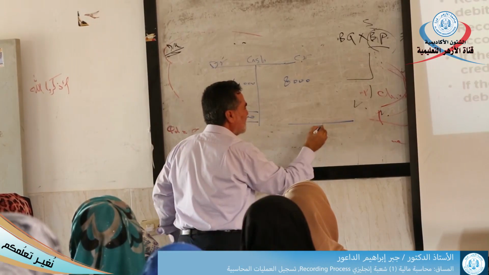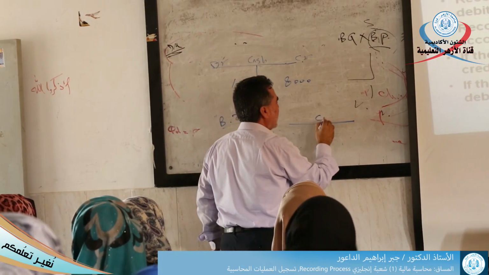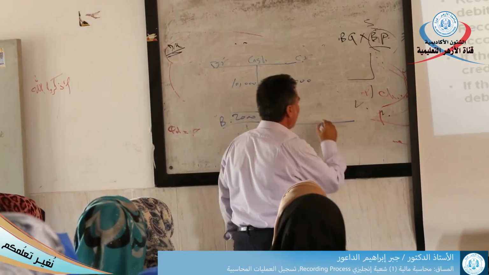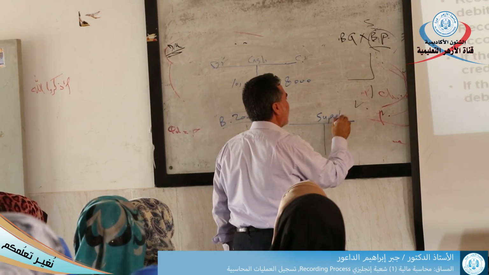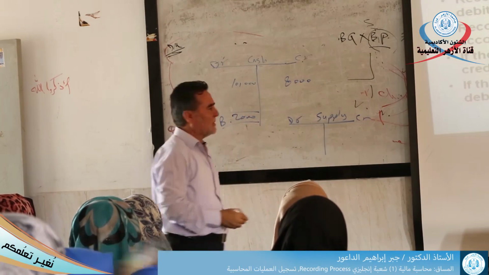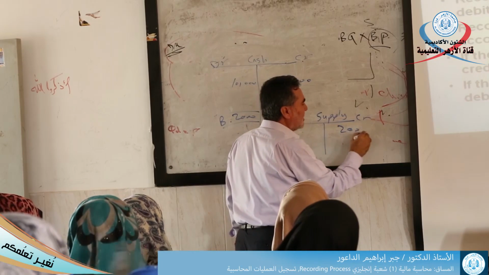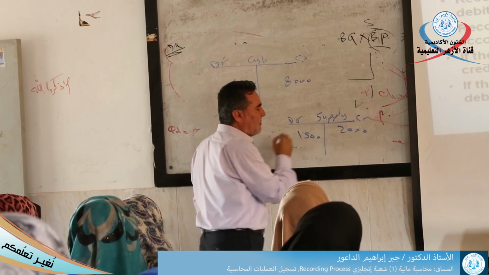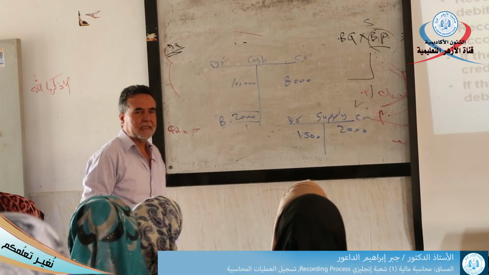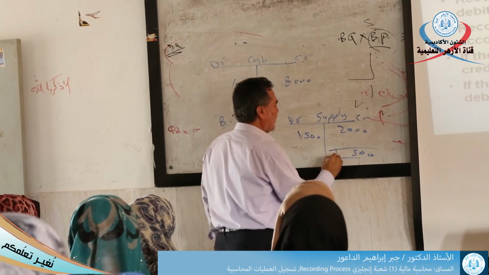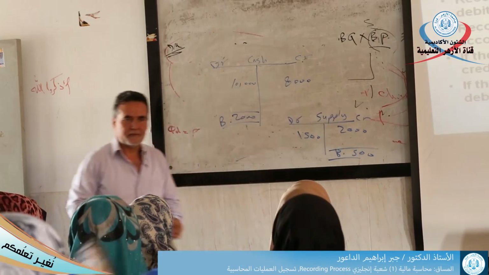Another example, supplies. DR, CR. A credit of 2,000, a debit of 1,500. So 500 is a credit balance.